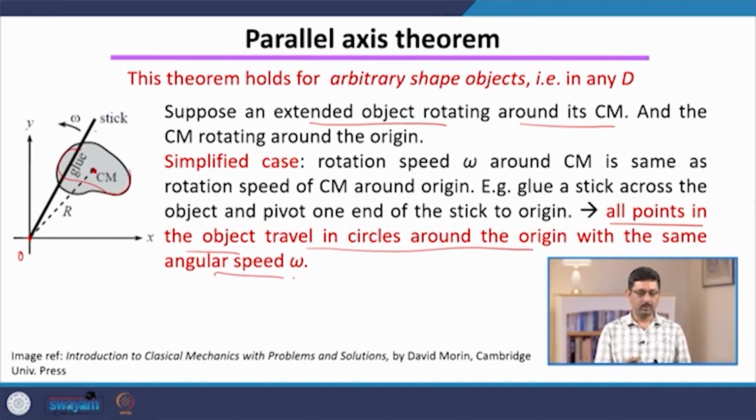I invite you to do this experiment at home. Make some object like a piece of paper, put a stick through it, fix one end and rotate the paper, and you can easily verify it by yourself.